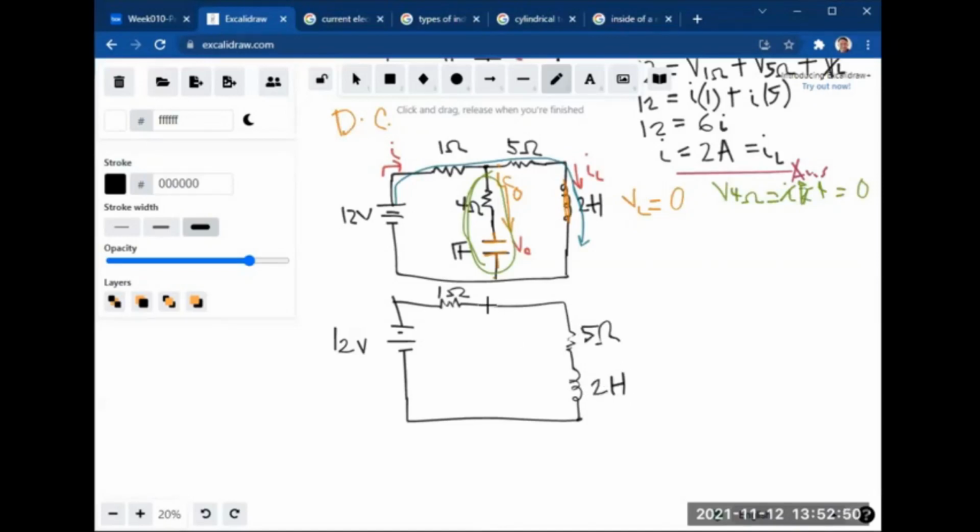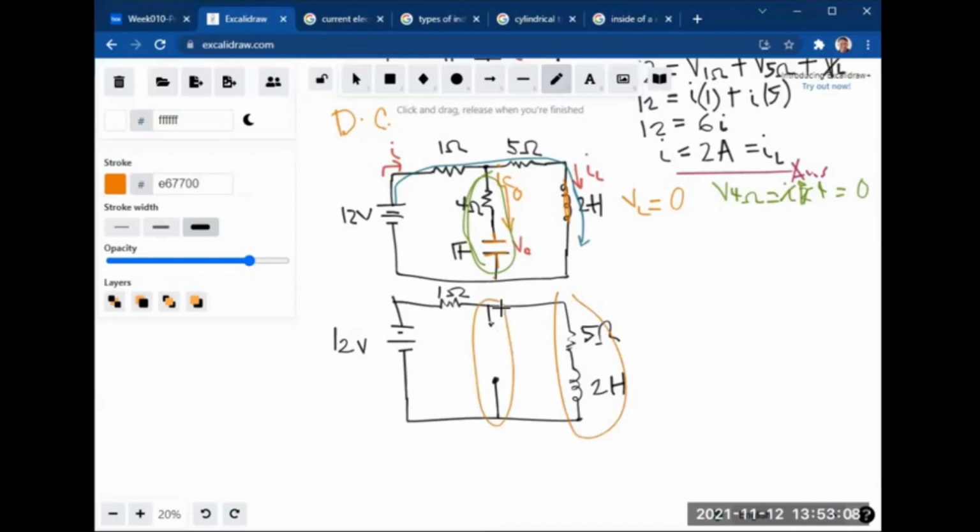In the case of the branch here, this will be an open circuit since this is DC, right? Okay, so whatever the voltage in this branch will be equal to the voltage across this branch.